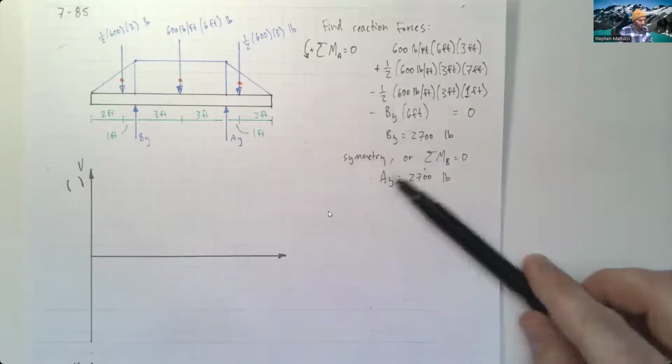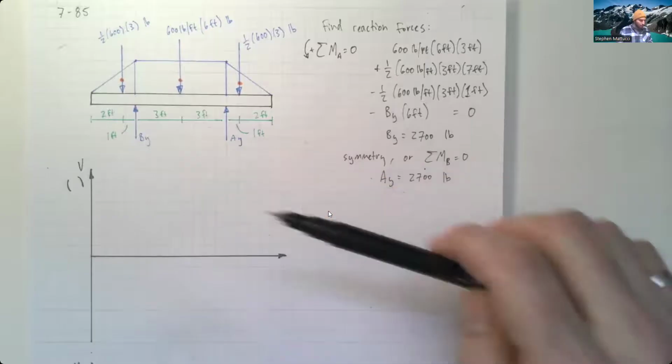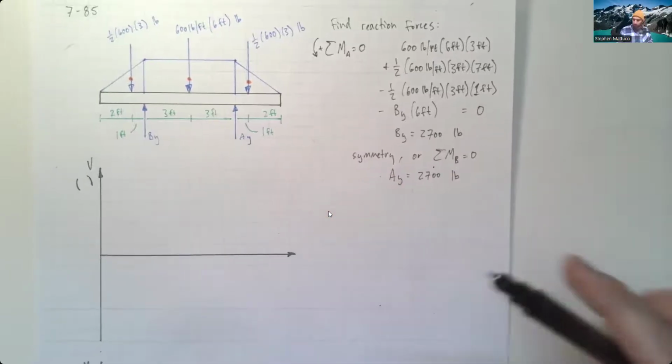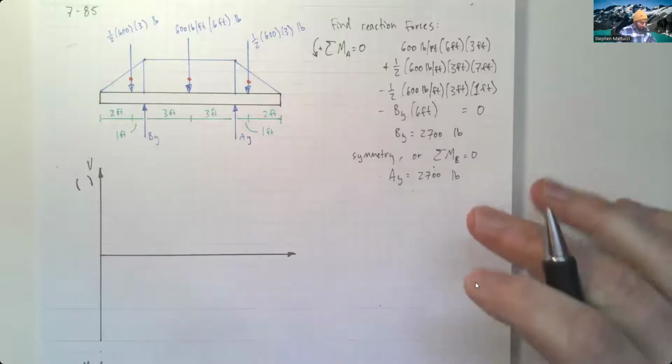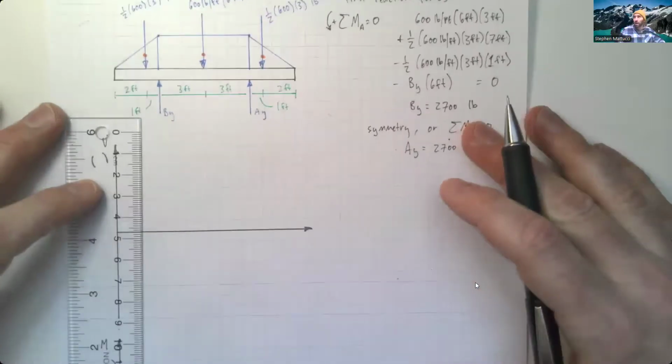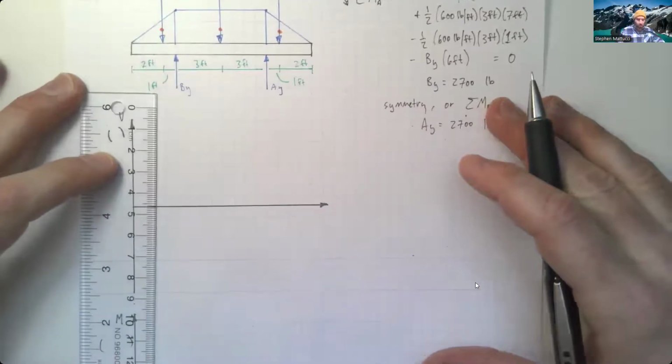Coming back to this, we now have our free body diagram. We now know our loads. The first thing that I always recommend is I like to use a pencil and carry faint lines down across my graphs for any points of interest.